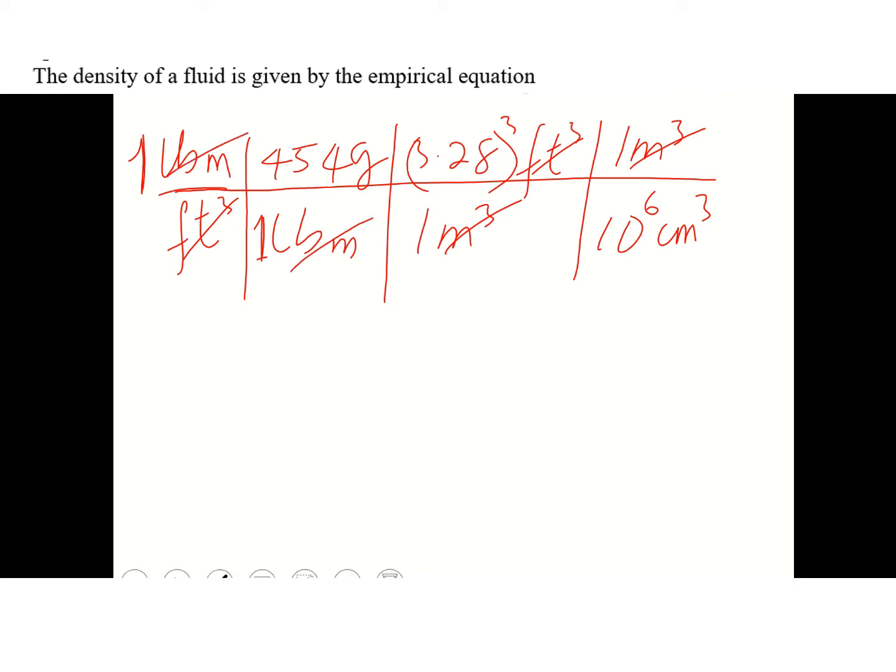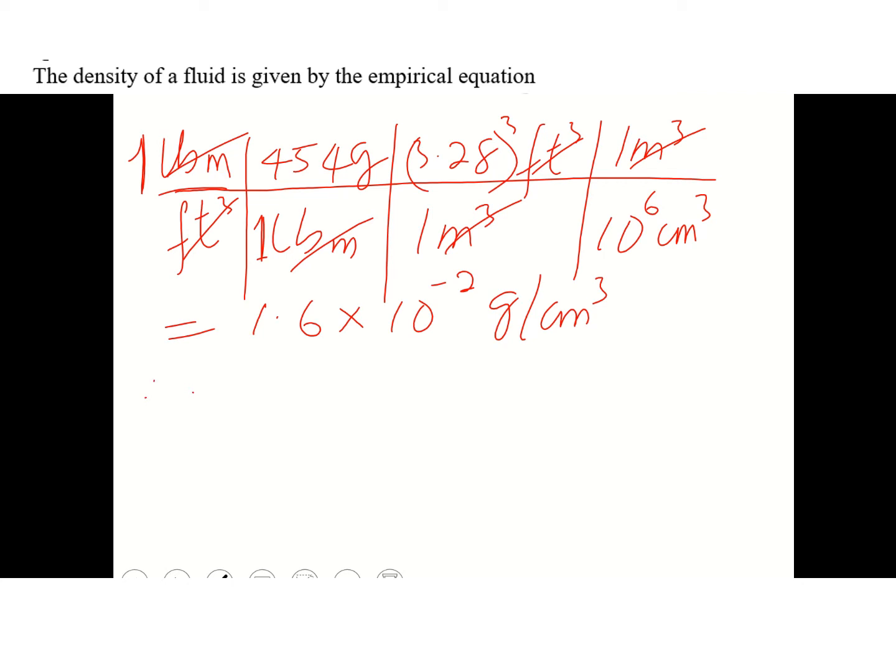So at the end of the day, you're going to have 1.6 times 10 raised to the power minus 2 gram per cm cube.